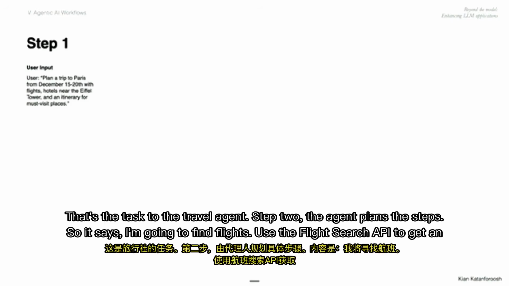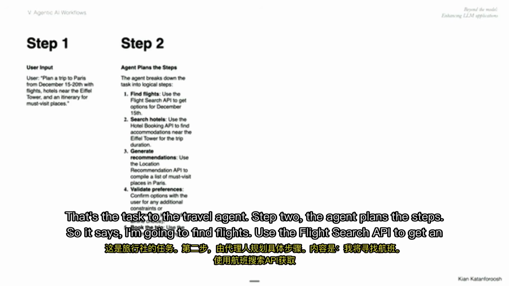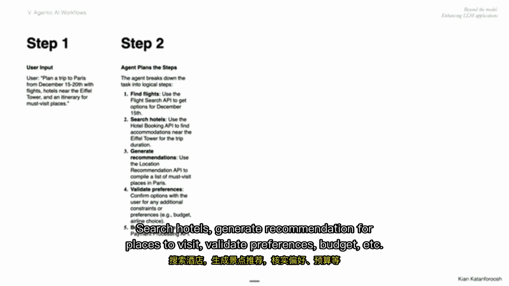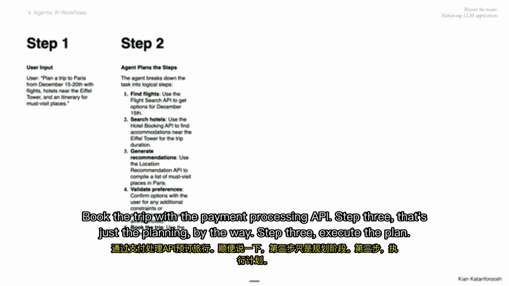That's the task to the travel agent. Step 2, the agent plans the steps. It says, I'm going to find flights, use the flight search API to get options for December 15th, search hotels, generate recommendations for places to visit, validate preferences, budget, etc., and book the trip with the payment processing API.